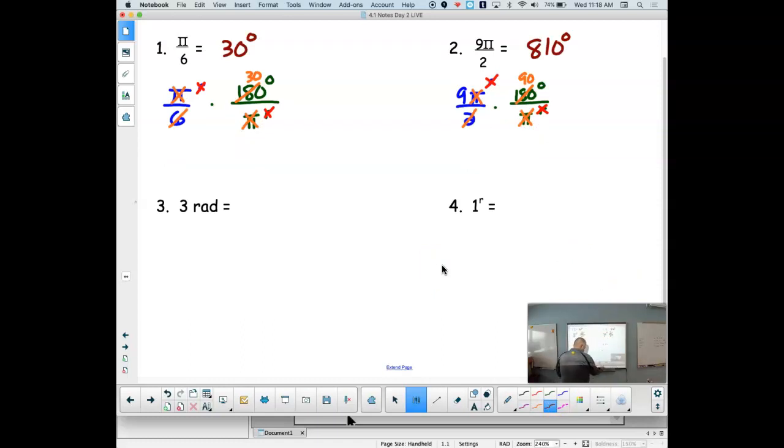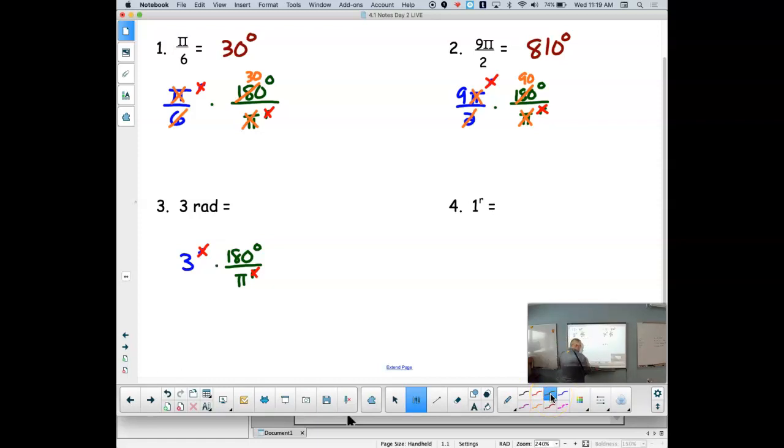3 radians. 180 degrees over pi radians. The radians cancel out, but that is all that I can cancel out.